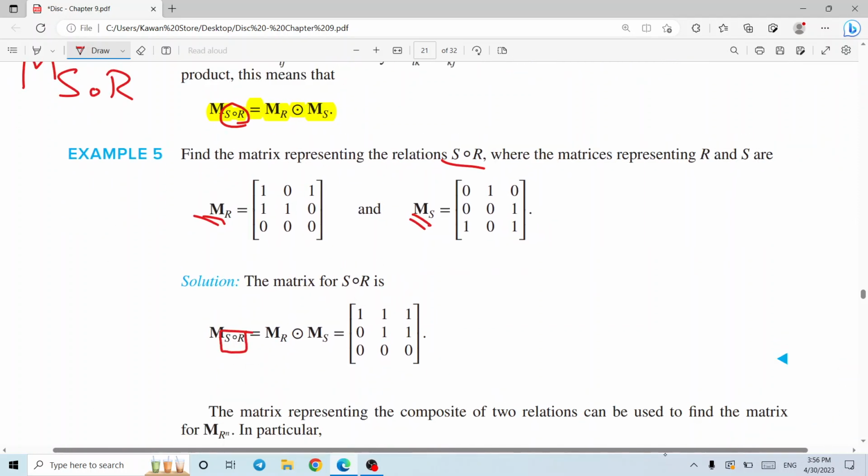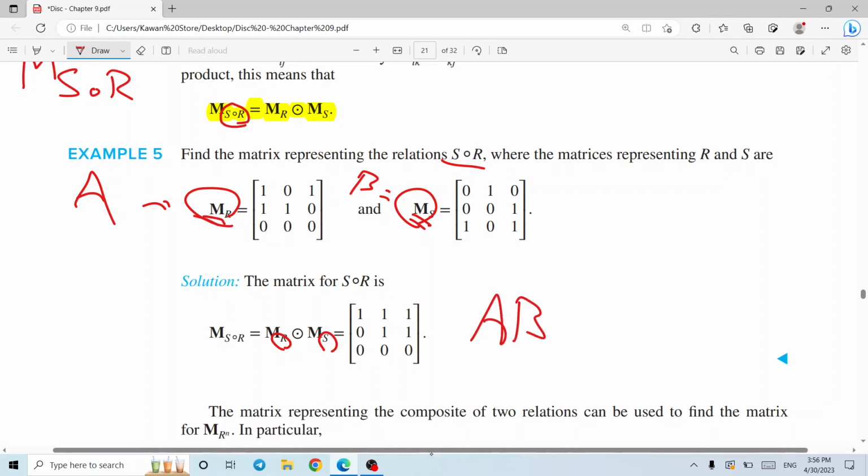S circle R. When you put it carefully you have R S. So you are going to multiply R by S. So I had two matrices. Let me call them A and B. We are going to say it is equal to AB matrix. It is multiplication again. You know the rules of the multiplication, how they should be, K and M, M and N, and how it goes.